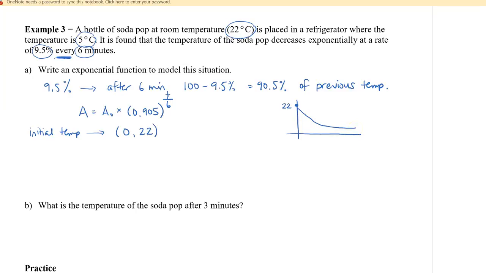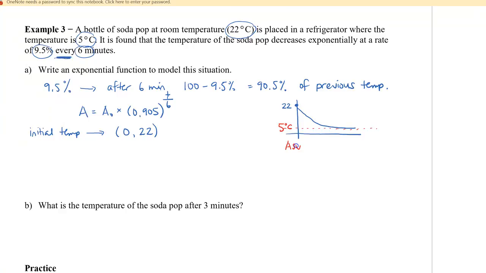Now, the thing that we have to note is that it is placed in a refrigerator where the temperature is 5 degrees Celsius. Because the refrigerator is 5 degrees, it can't go below 5 degrees, because that's the lowest the temperature is already. So we can say that there is an asymptote here at 5 degrees Celsius. Let me write that down.